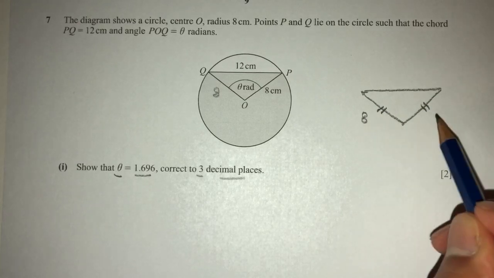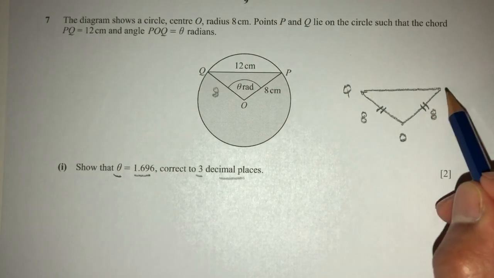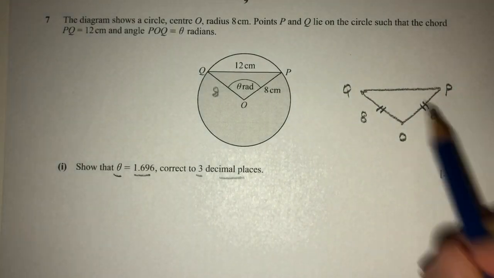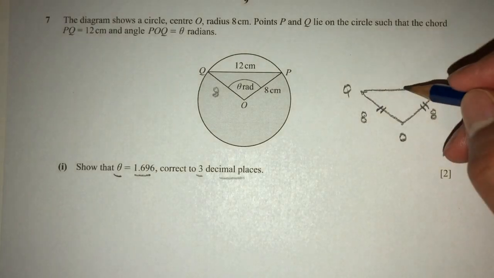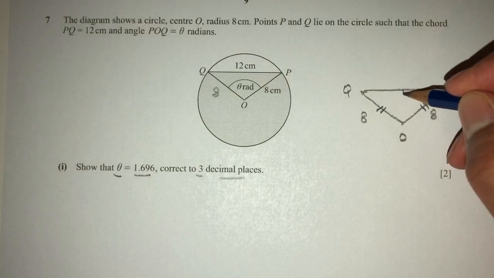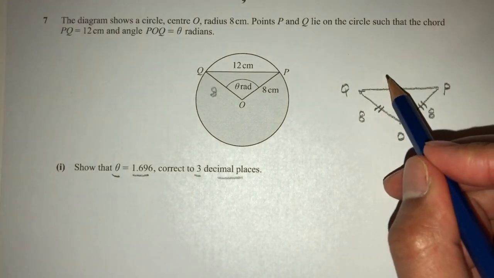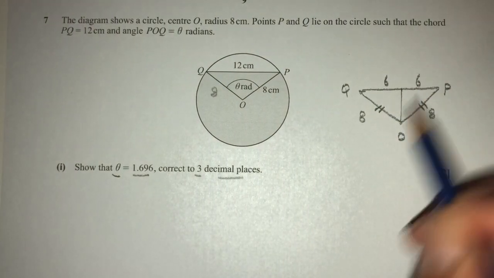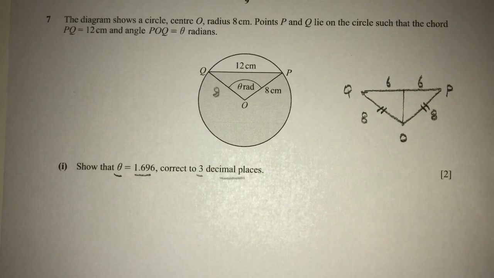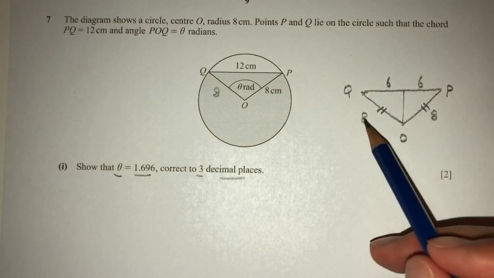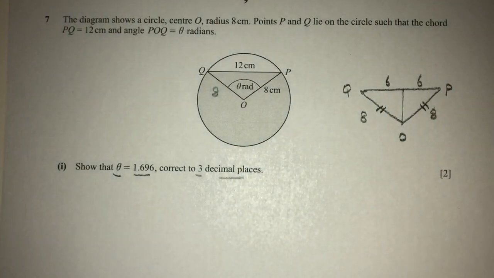That will be 8, 8, this is O, this is Q, this is P, and this is 12. But if you observe, if I were to break this triangle into half, this will be 6, and this will be 6. The reason why it is exactly 6 and 6 is because of these two. If these two are the same, these two will have to break down into half and half, okay?